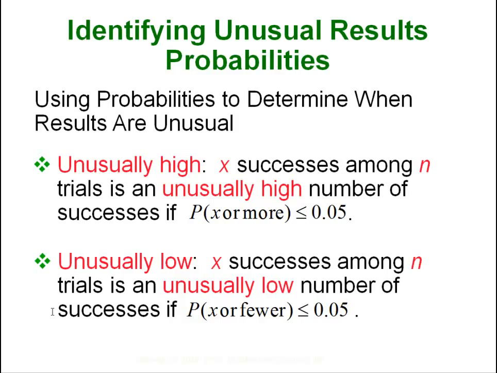We could actually talk about the probability of exactly 992 heads, but it's more often that we'll talk about the probability of getting 992 or more heads out of 1,000 flips. Or if we think getting 100 out of 1,000 is really small, we would ask what's the probability of getting 100 or fewer out of 1,000. Okay, that's probability distributions.